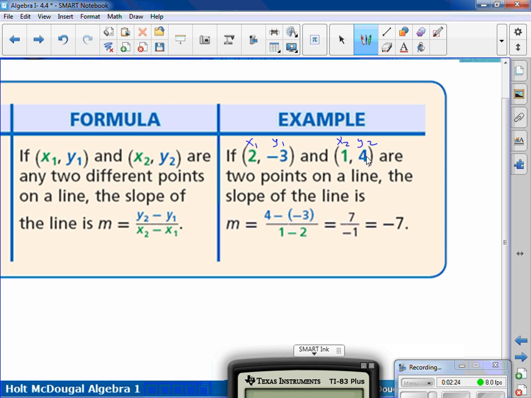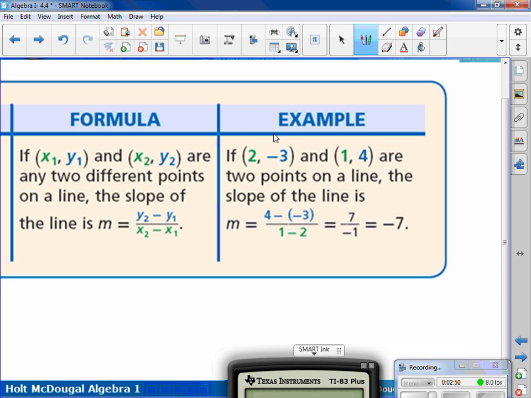I take y2, which is 4, minus whatever y1 is, over whatever x2 is, minus whatever x1 is. 4 minus -3 is 7. 1 minus 2 is -1. 7 divided by -1 is -7. But I don't have to have them labeled that way.